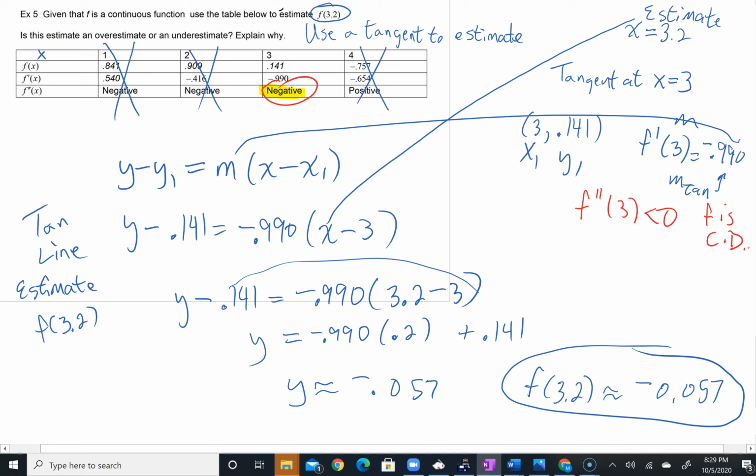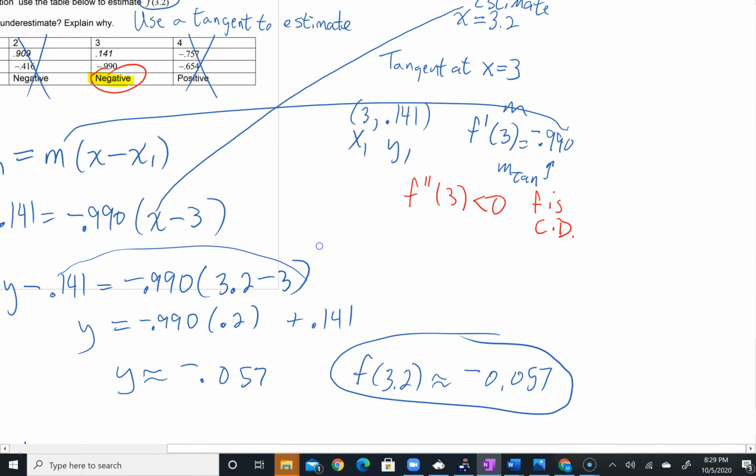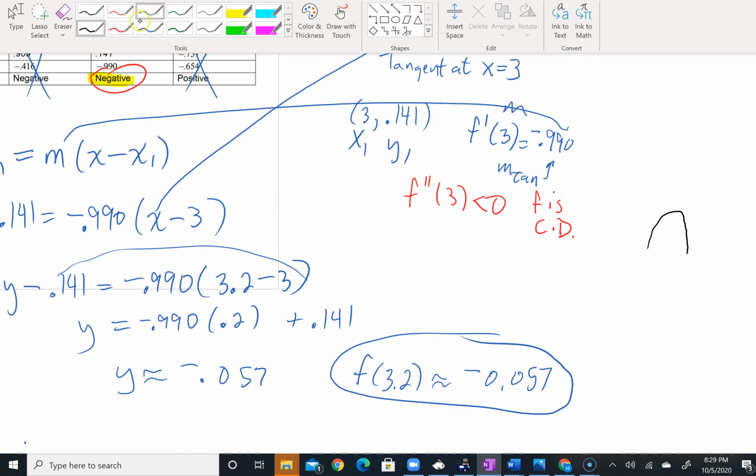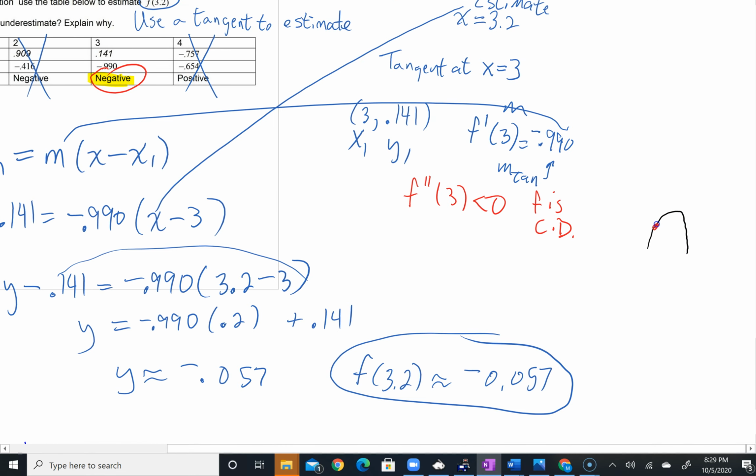So here's really what we can do. If you were to draw yourself a little picture, and of course a picture can really help you out, draw a concave down curve, and what you'll see is if you were to draw a tangent line.